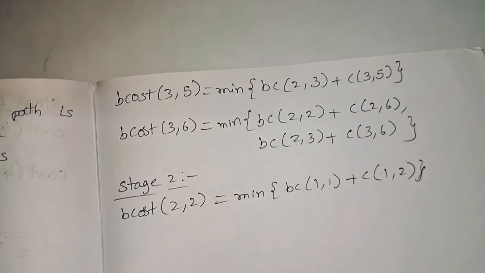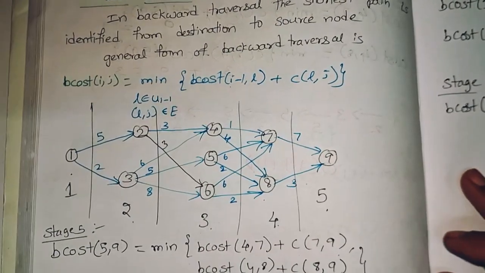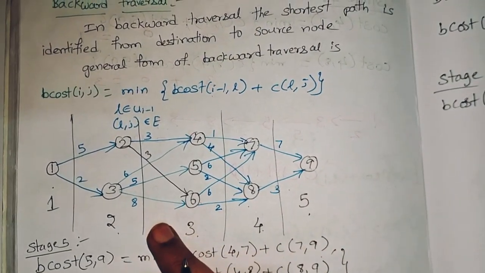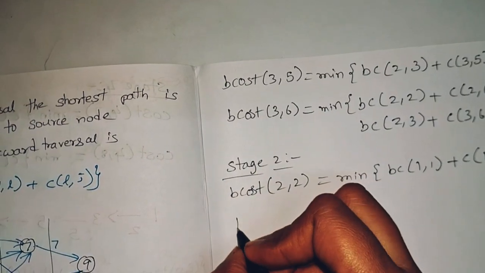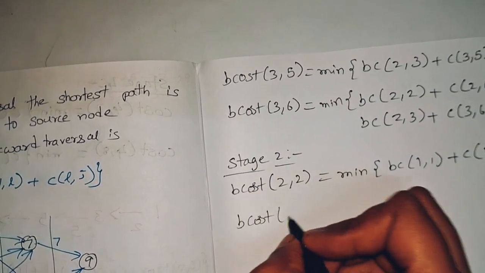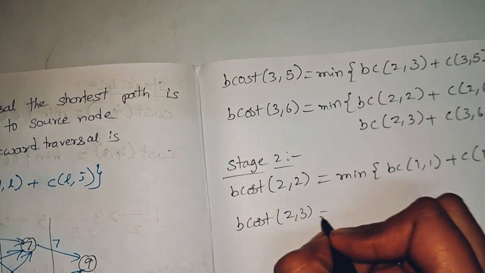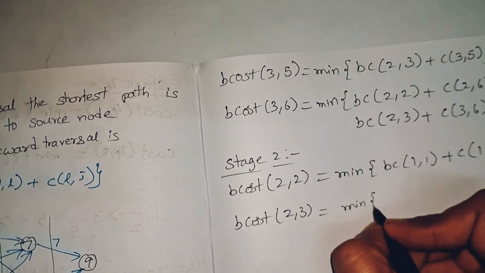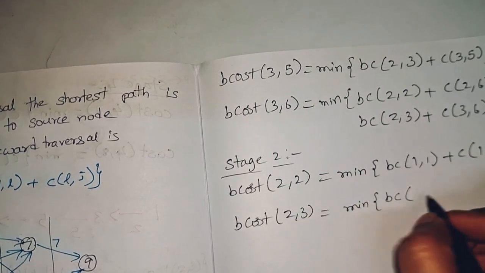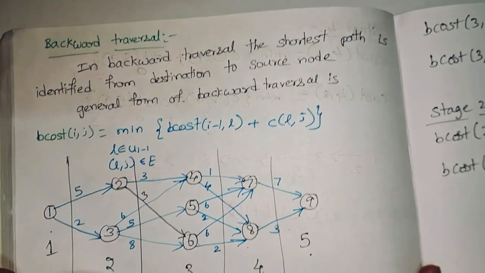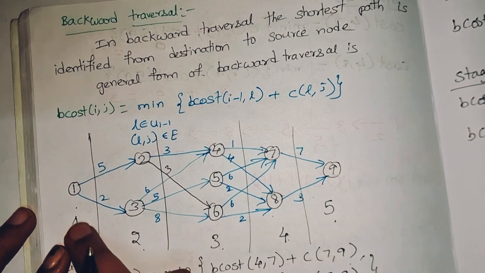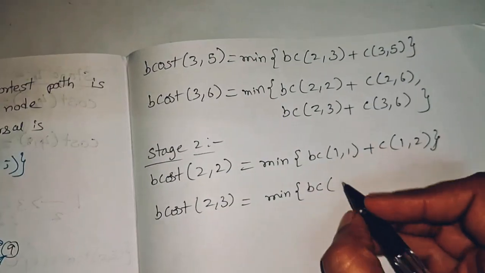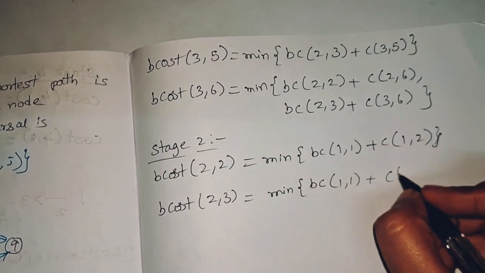Next, what is the backward cost of node 3 at stage 2? Backward cost of 2 comma 3 equals minimum of backward cost of 1 comma 1 plus C of 1 to 3.